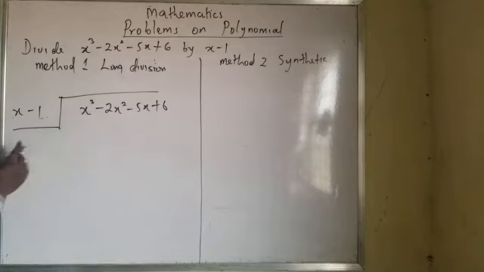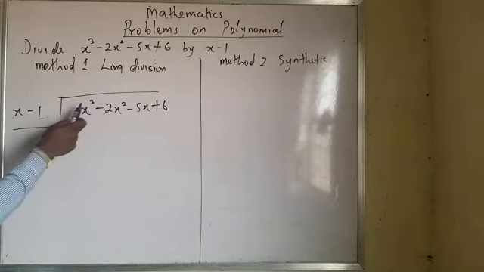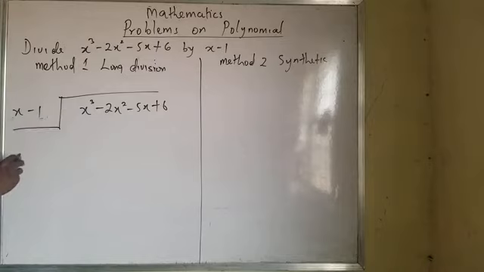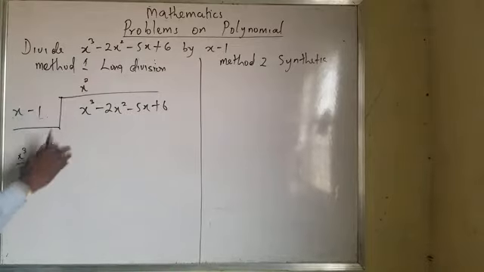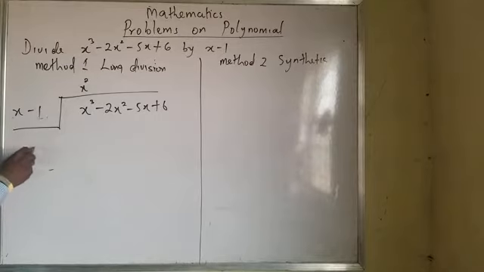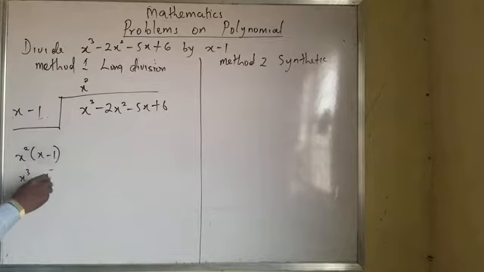How do I divide? The first item divided by this, which is going to be what? x cubed divided by x. It will be x squared. That x squared, I will write it here. Now, my x squared multiplied by x minus 1 is x cubed minus x squared.